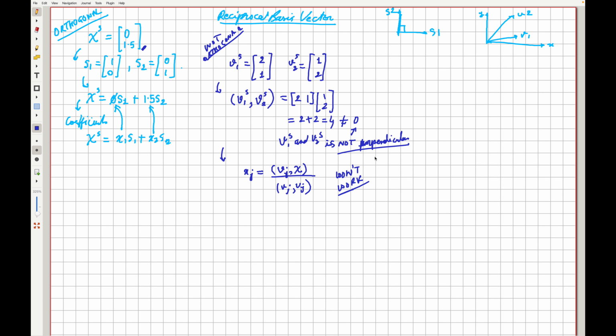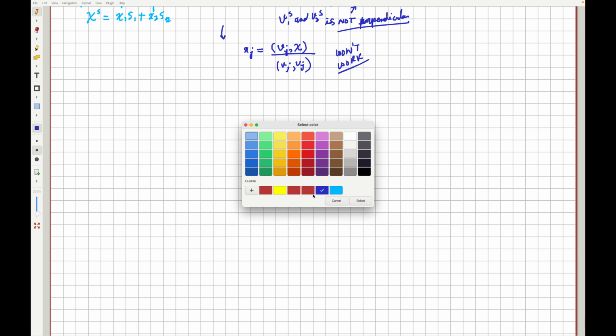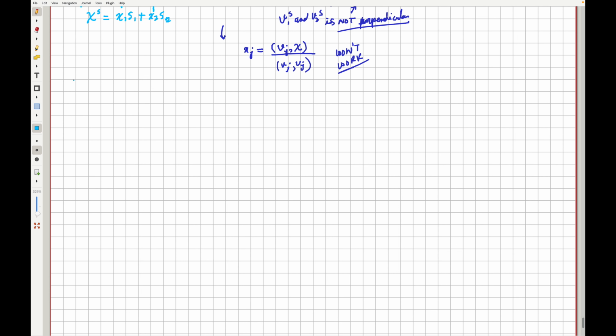Therefore the idea is to introduce something called a reciprocal basis vector. So we are introducing reciprocal basis vectors, and it is what the name suggests.